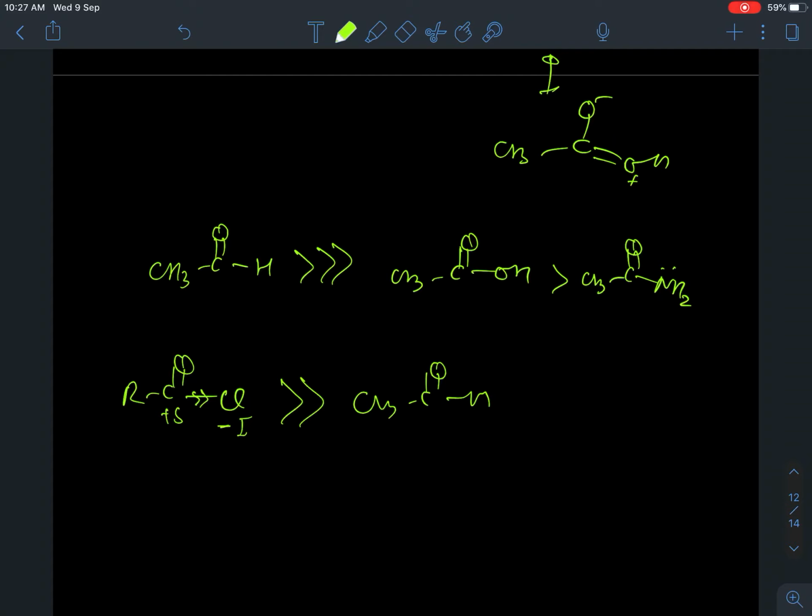So poor resonance, poor conjugation does not supply this electron, whereas good minus I withdraws it. So overall it increases the intensity of positive charge on this carbon. If the intensity of the positive charge on carbon increases, it will be more reactive. So finally what we learned is that this acyl group will be most reactive when it comes to reactivity.